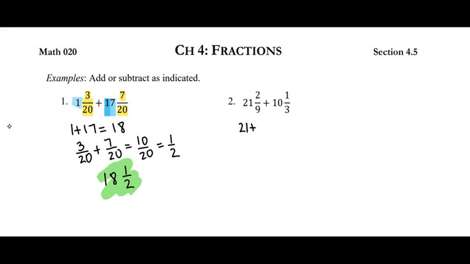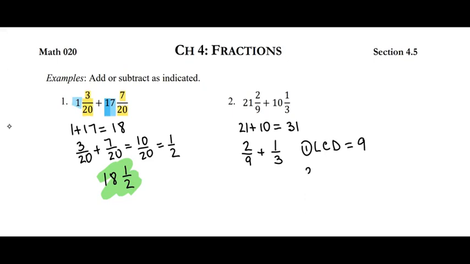Okay, so let's go ahead and do 21 plus 10 gives you 31. Okay, so that's done. And now we're going to add 2 over 9 plus 1 over 3. So step number 1, the LCD for these two is 9.